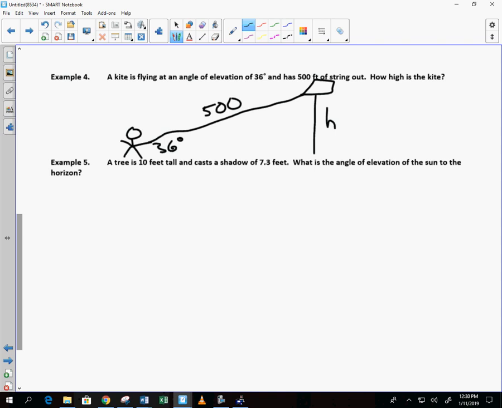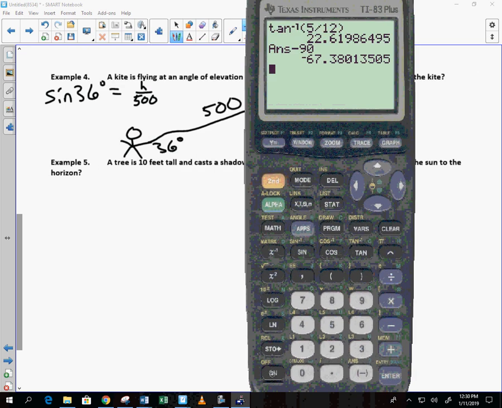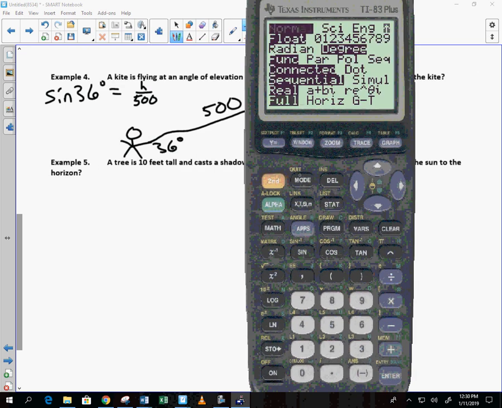Sine. Tell me more. Sine of what? Sine of 36 degrees is equal to h over 500. So we take out that handy dandy calculator, turn it on, and make sure that we are working in degrees. Mode, I'm in degrees.